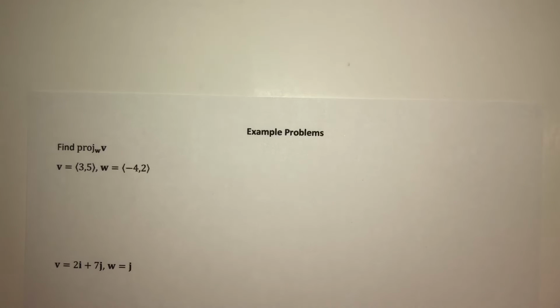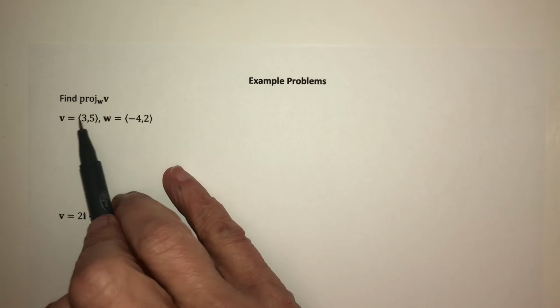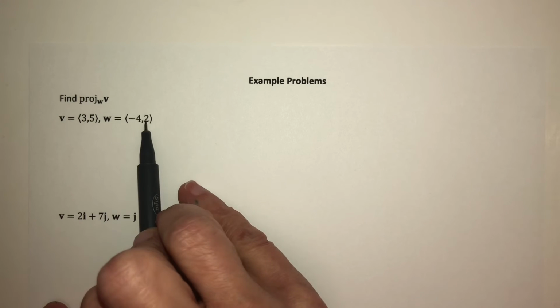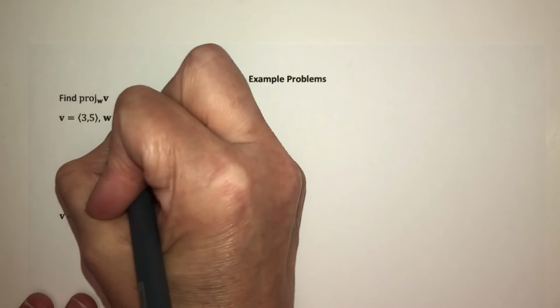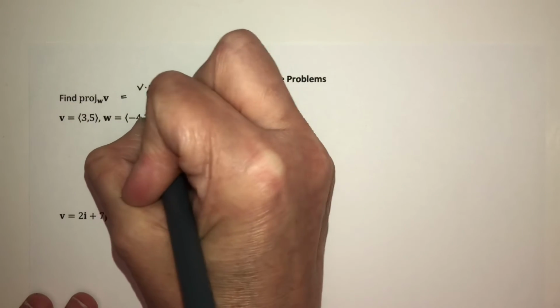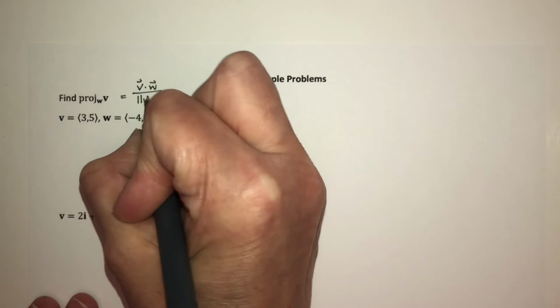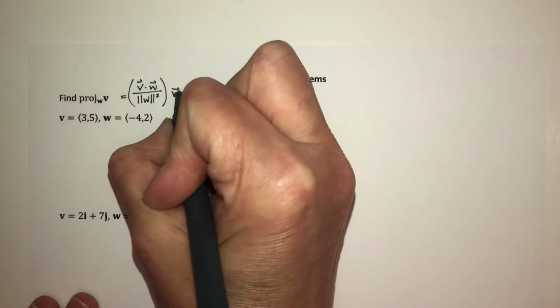So let's find the projection of the vector v, (3, 5), onto the vector w, (-4, 2). This is going to equal v dot w over the magnitude of w squared times the vector w.